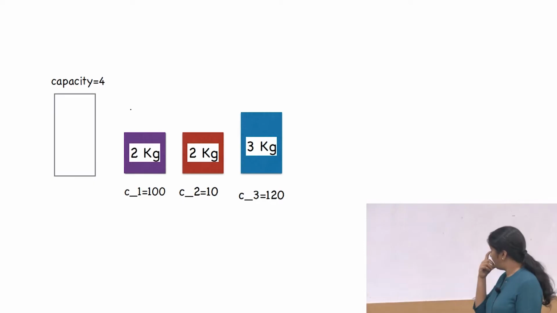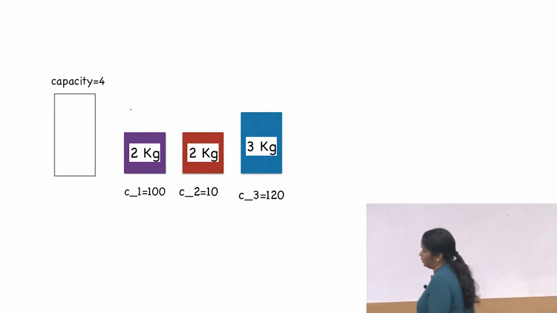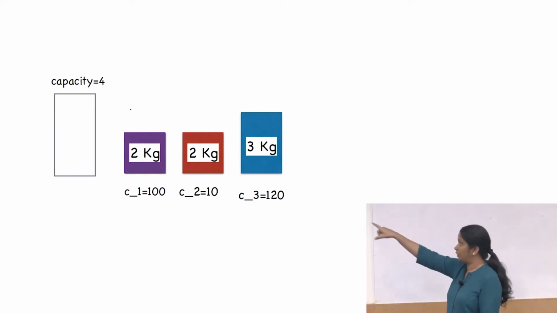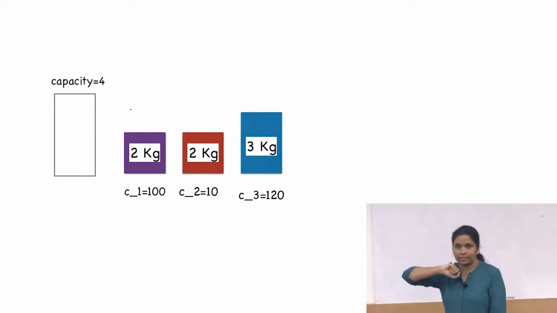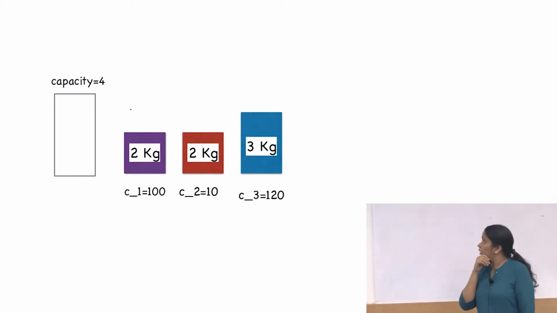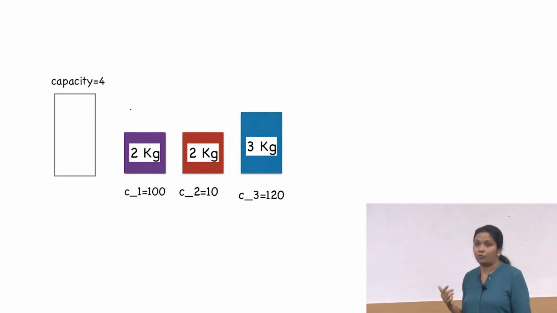If you pack the entire 2 kg of the first item, you get a cost or profit of 100. Since it is fractional, you are allowed to take a fraction of it. For example, if you take 1 kg of the first item, you will get a cost of 50, and so on. You want to pack these items into the bag of capacity 4 such that the total profit is maximized.